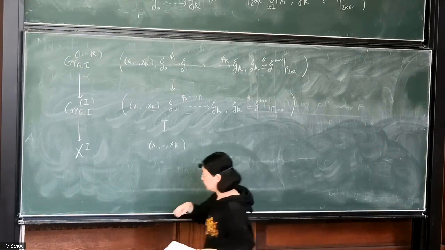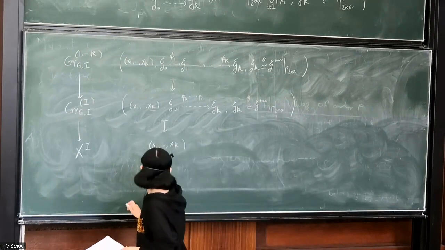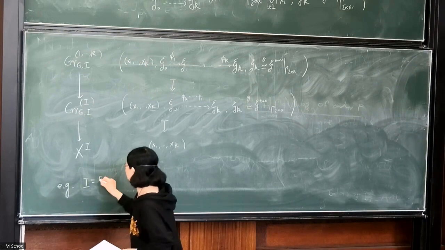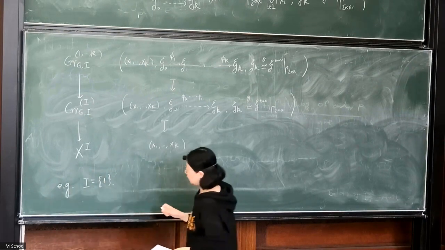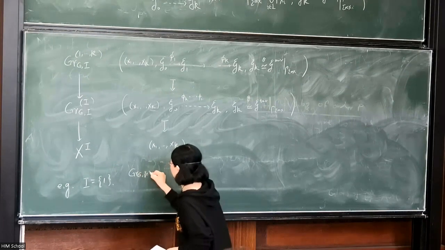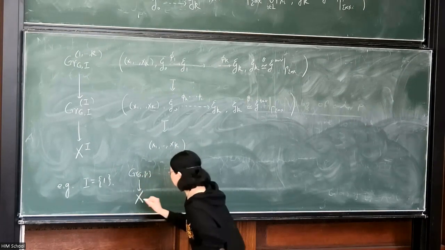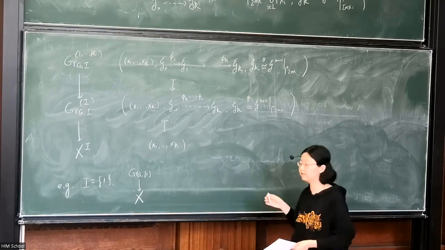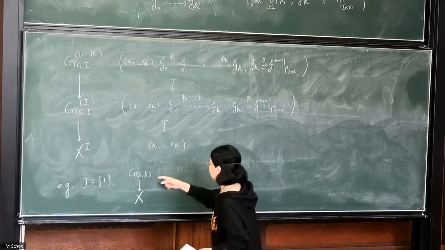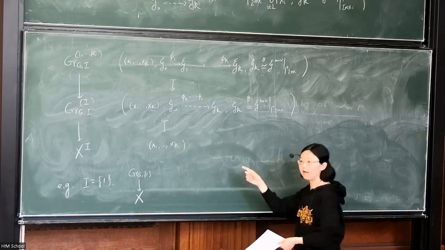For example, when I is a singleton, in this case it is just over one copy of the curve. And so it classifies just one modification.